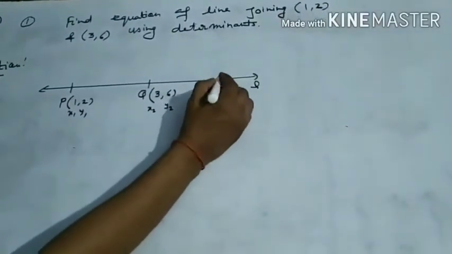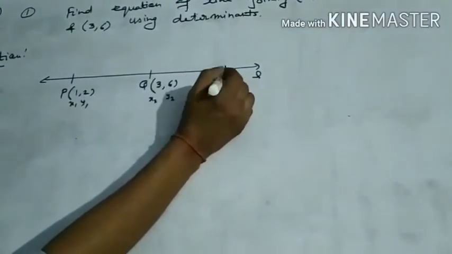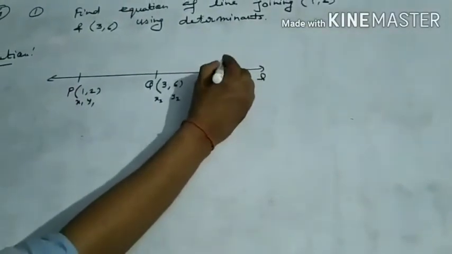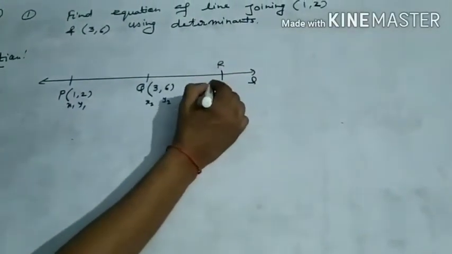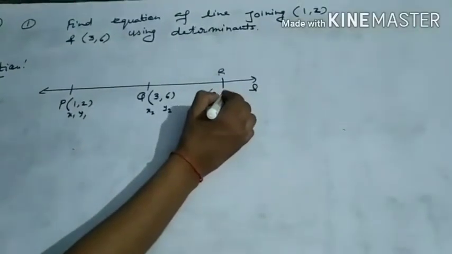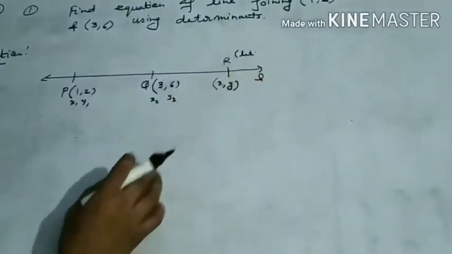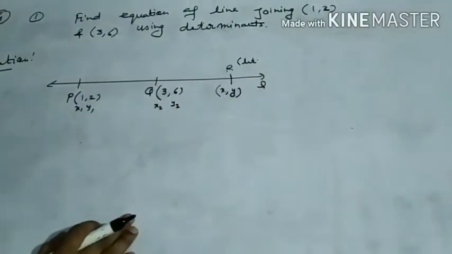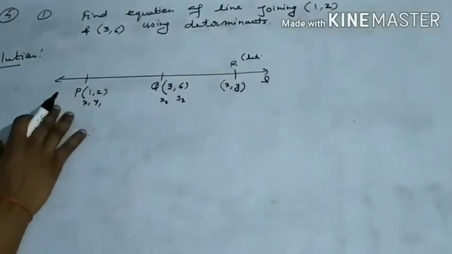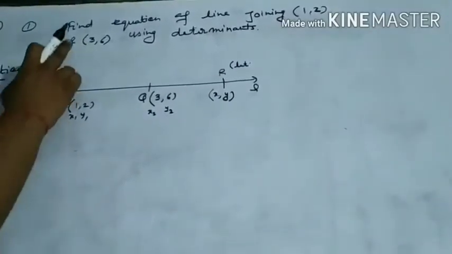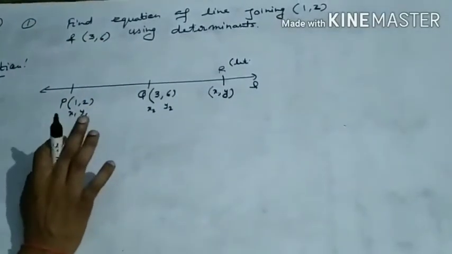Let another point lying on this line be R with coordinates x, y. Now we want to find the equation of the line joining these 2 points.